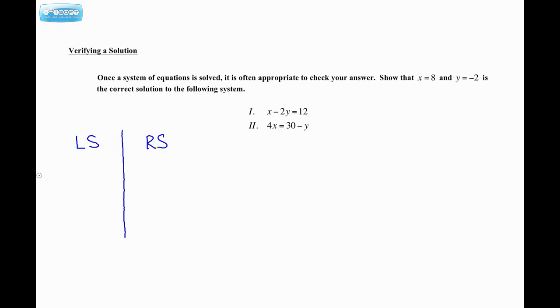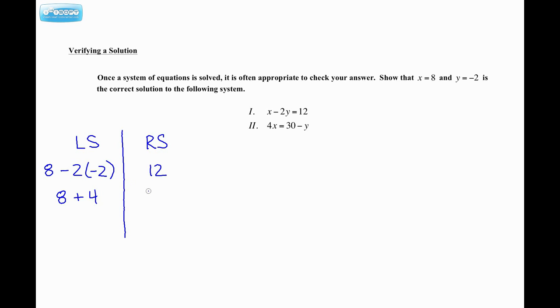x minus 2y, where I replaced x with 8 and y with negative 2. The right side, well, that's just 12. Okay. Now, 8 minus 2 times negative 2, that is the same as 8 plus 4.